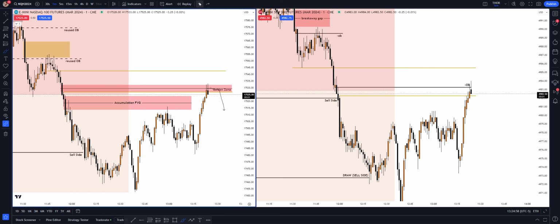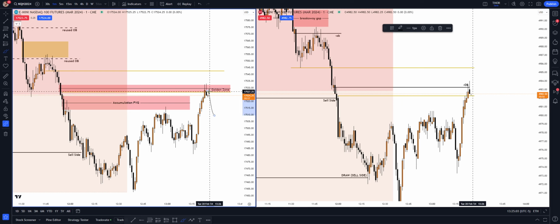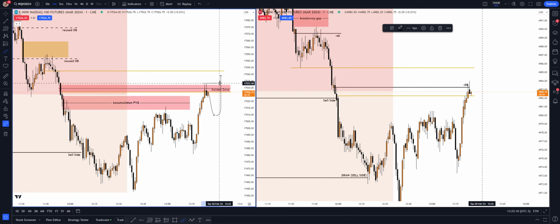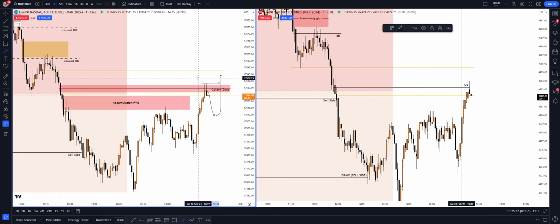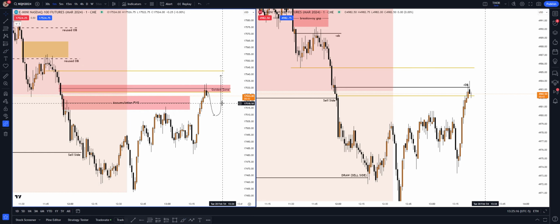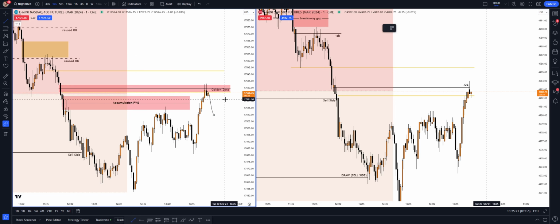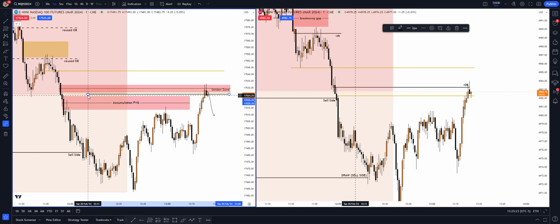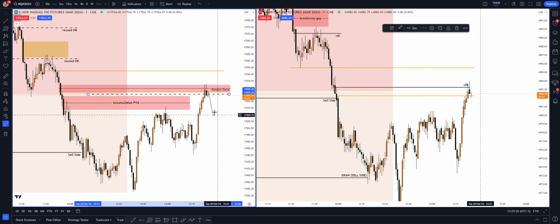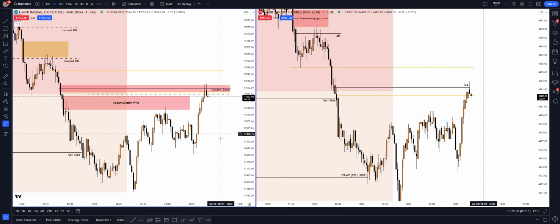Or it'll use one of those fair value gaps, expands higher, might get an SMT at highs, and that will be our trigger for going short. Right now, though, as you can see, this is our dealing range EQ, right about this level. So I'm not interested in either longs or shorts at the moment because this could just chop around this level.